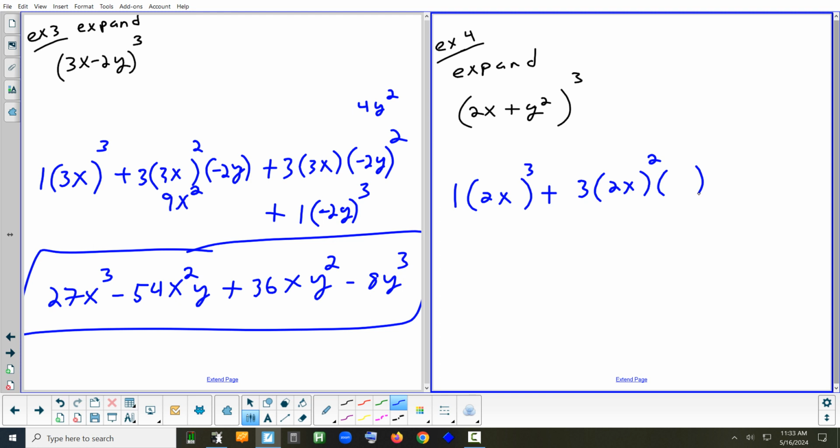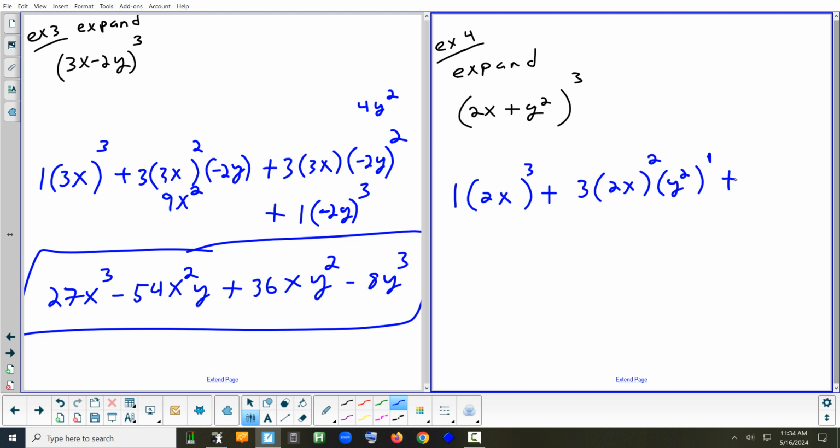What's the exponent going to be on this? 1. That's a 1. And then what goes in the parentheses? Y squared.